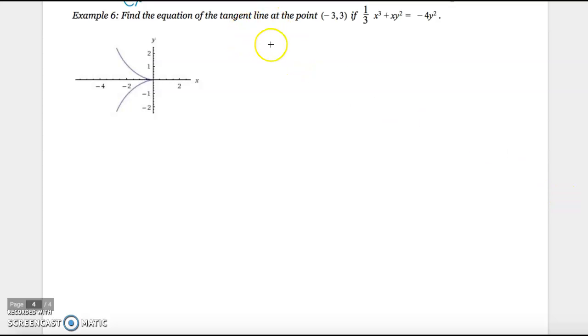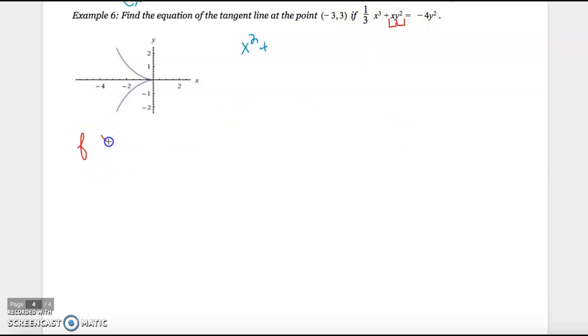For this one, find the equation of the tangent line at the point negative 3 comma 3. That point's not even technically on this graph, so we can't use the graph at all. If this is your equation, the derivative of 1/3 x cubed would just be x squared. And then we got a nice product rule happening here.